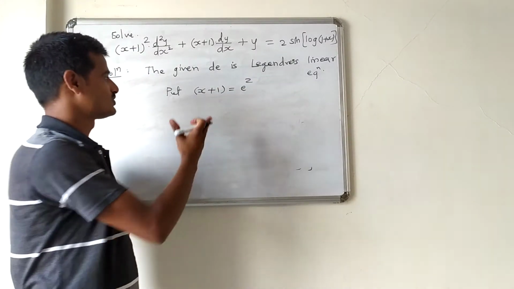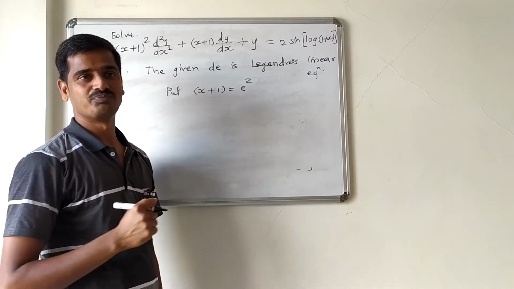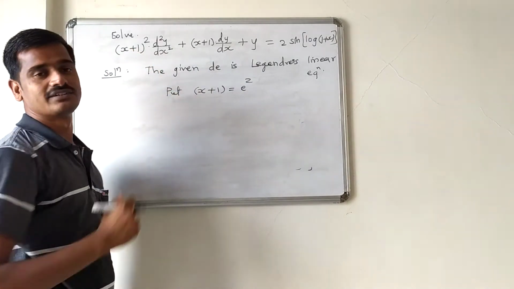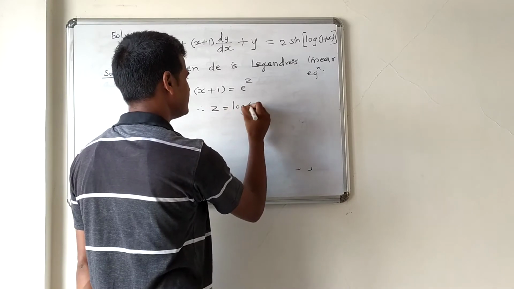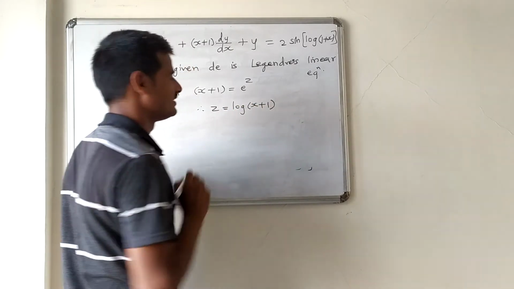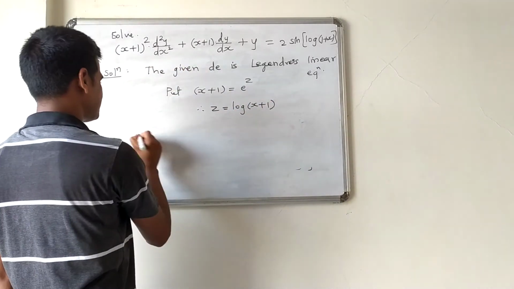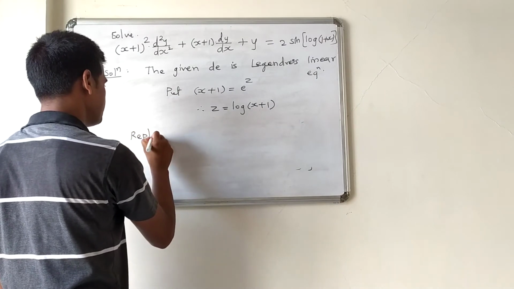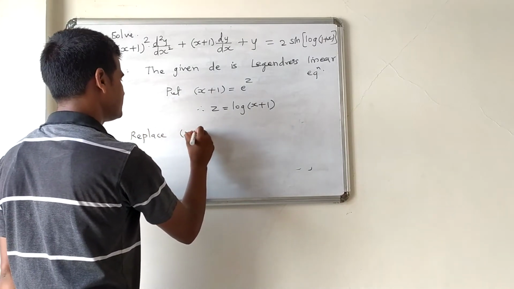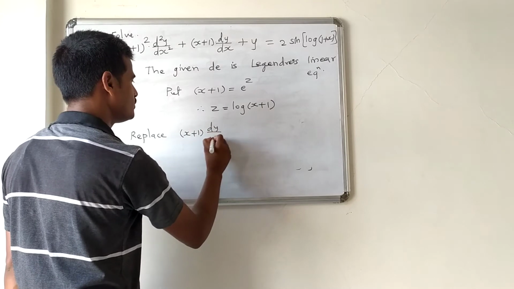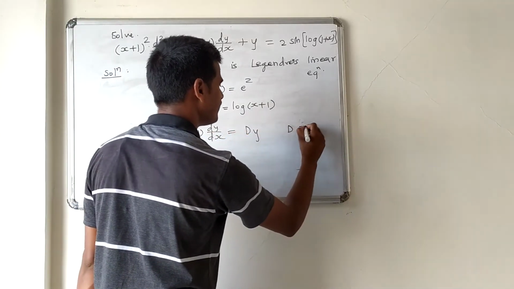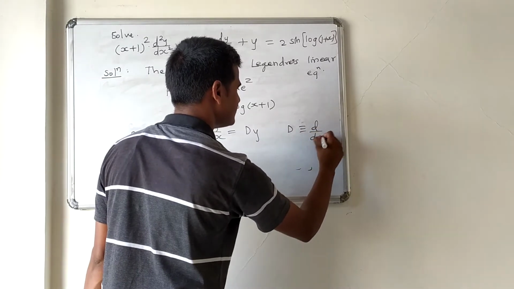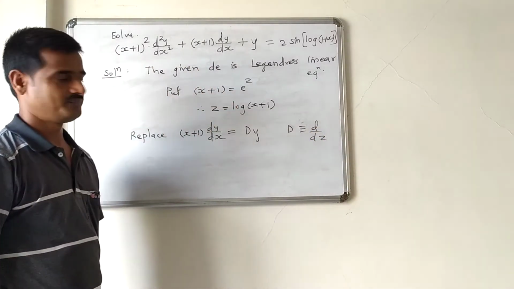So what is our substitution as per the procedure? Ax plus b. So a is 1 here and b is also 1. Therefore z is equal to log of x plus 1. Now replace (x plus 1) into dy by dx by capital D y, where capital D stands for d by dz.